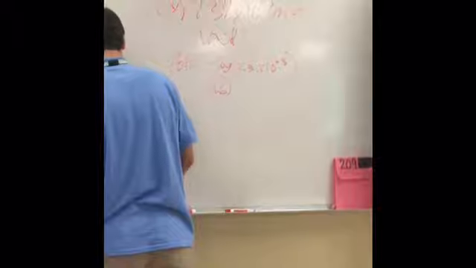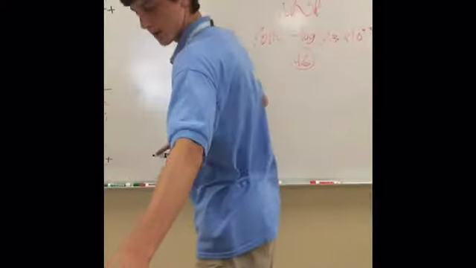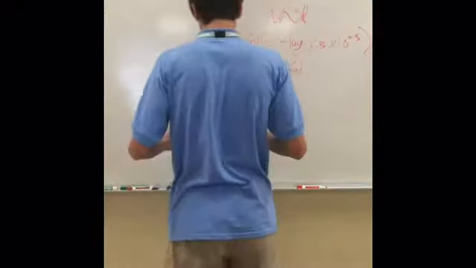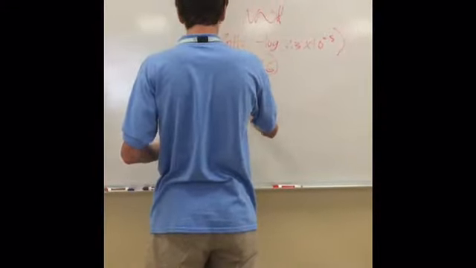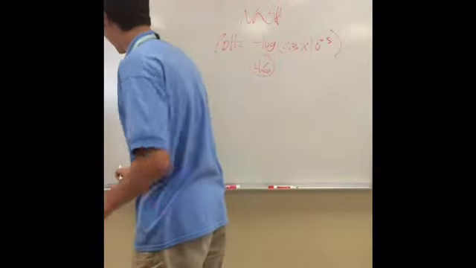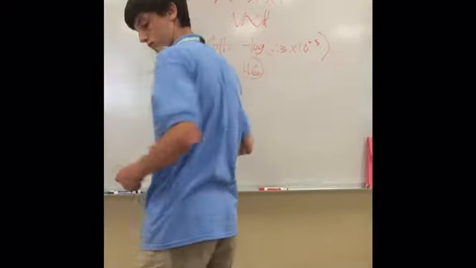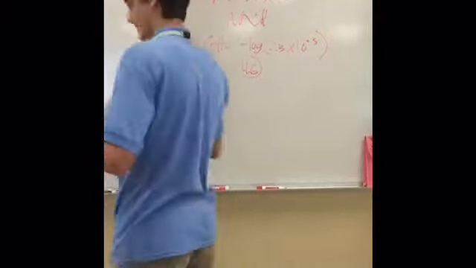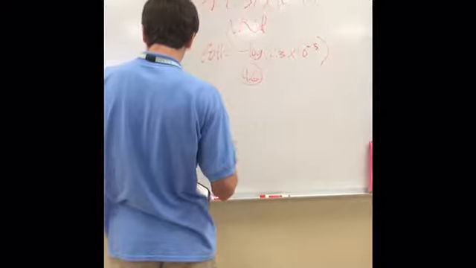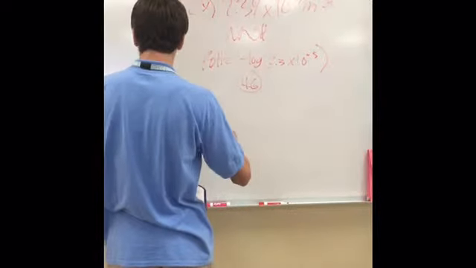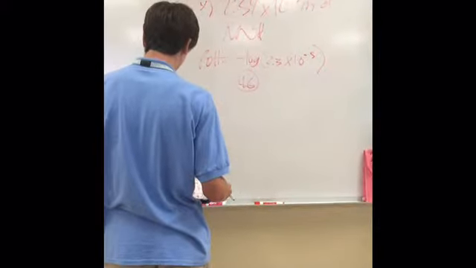Then, to find the pH, since they ask for pH but you have a base, you subtract that from 14, since pH plus pOH equals 14.